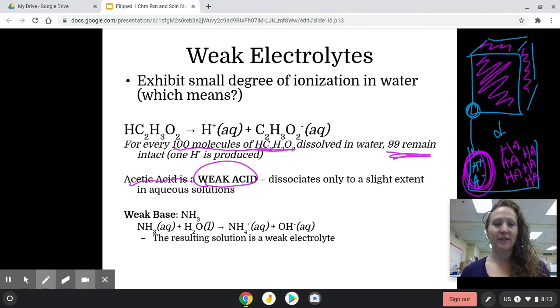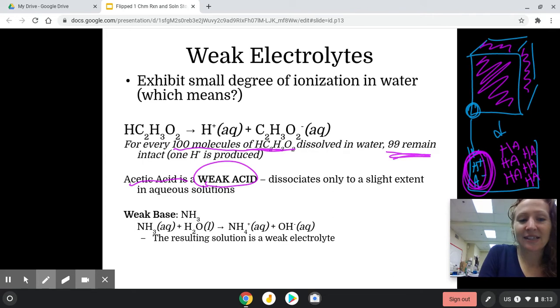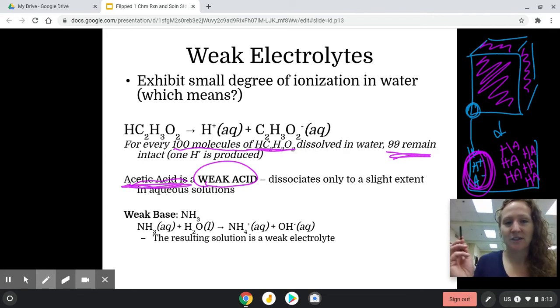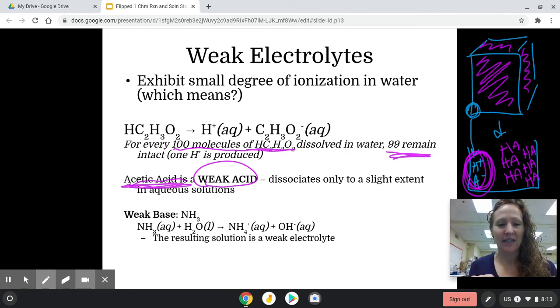Now, our most famous weak acid by far is acetic acid. It's cheap, it's abundant, and it's fairly harmless. Acetic acid's the acid that's in vinegar. So instead of buying acetic acid, we can actually just go buy vinegar and use that. And so acetic acid is by far going to be your most common one that we deal with in class. Similarly to weak acids, weak bases do the same thing.